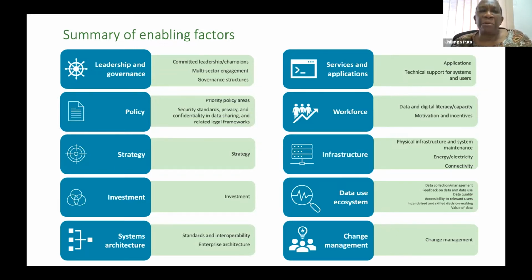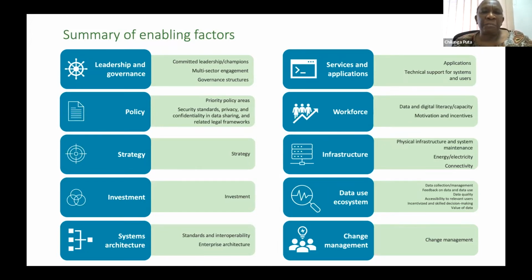It is even important for leaders to ensure multi-sector engagement across the different governance structures, so that really you do get that cohesion and that collaboration and that added value of synergistic collaboration. So that was identified as a very important factor, and I'm sure it doesn't come as a surprise to anybody.